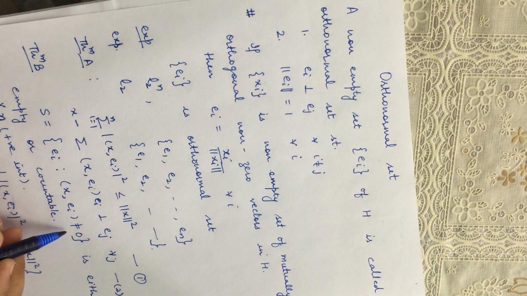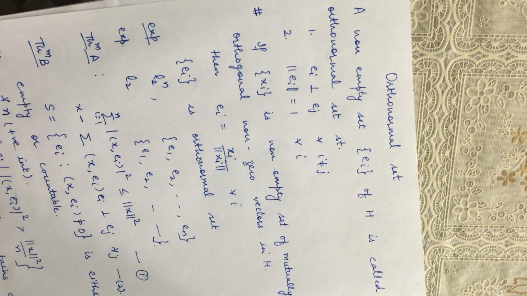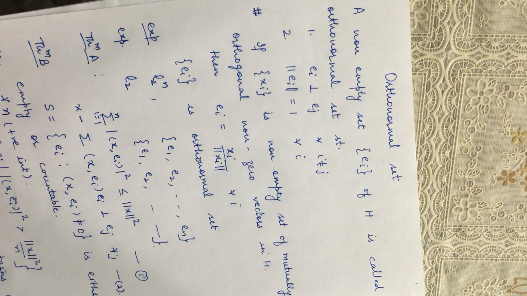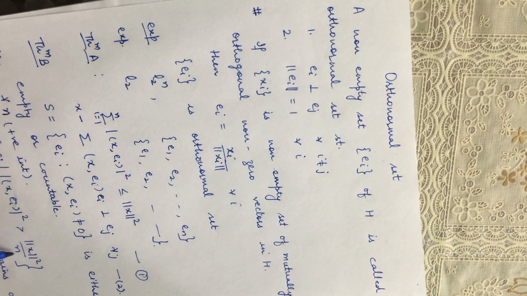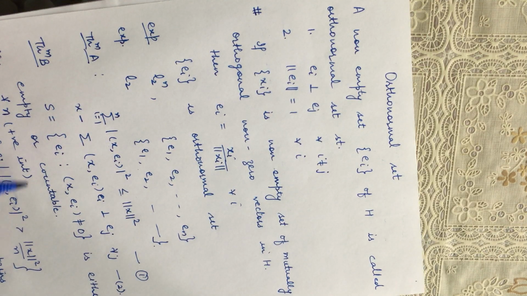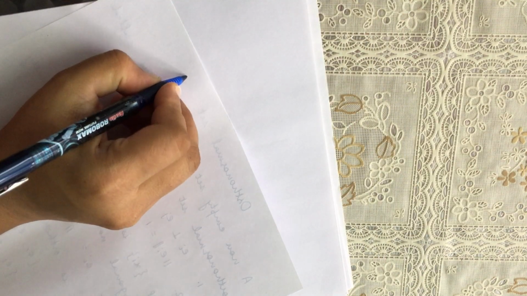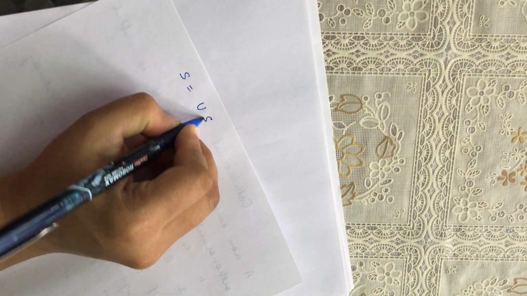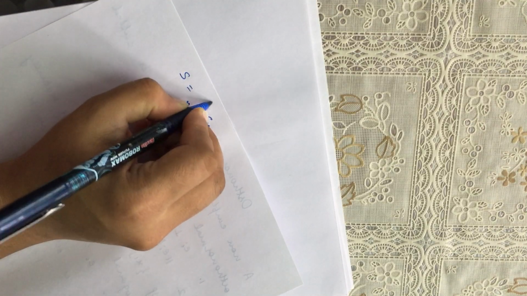Since S is the collection of all the vectors ei for which ⟨x, ei⟩ is non-zero, and we are seeing here the collection of all ei's for which this modulus square is greater than this positive quantity, we can see that S is the union of all Sn, where n varies from 1 to infinity.